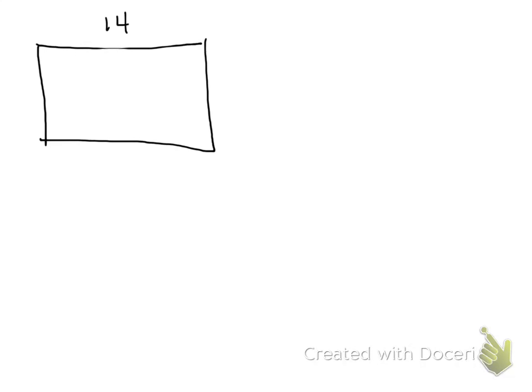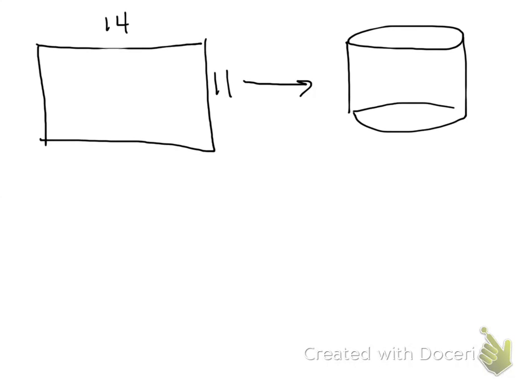What if I do a wide, what is it, 14 by 11 short cylinder? Well, it's going to look like this. Okay, and we know our height is 11, but now this edge here just wrapped around the top, or you could say this edge just wrapped around the bottom.